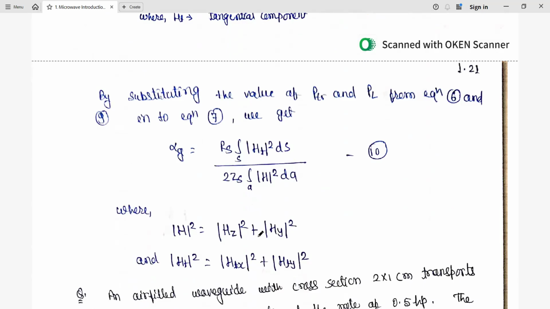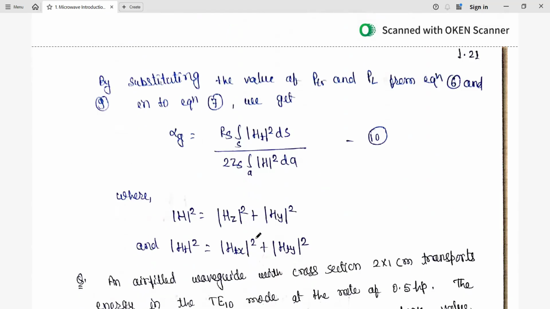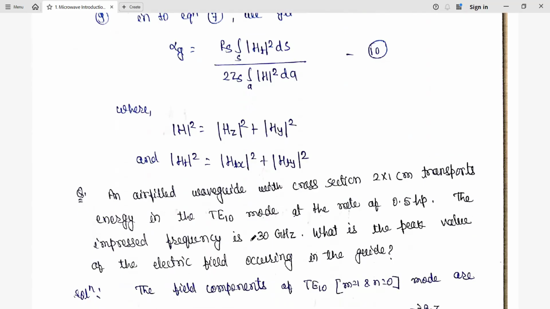So now we got the value of PL, and we already have the value of PTR, so those values are substituted in equation 7. Finally we have the alpha G value: RS into the surface integral of modulus of HT square into DS, divided by 2 into ZS integral of modulus of H square over dA. Here, modulus of H square is modulus of HZ square plus modulus of HY square, and the tangential component modulus square is modulus of HTX square plus modulus of HTY square.